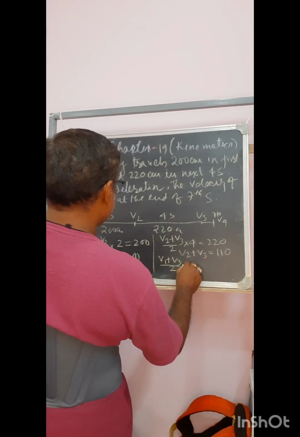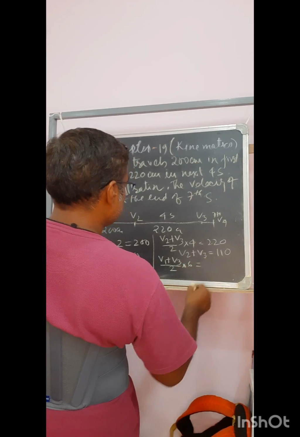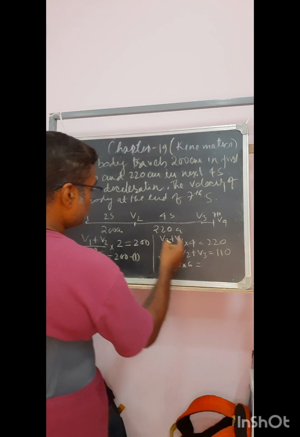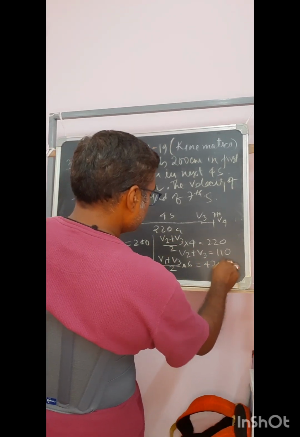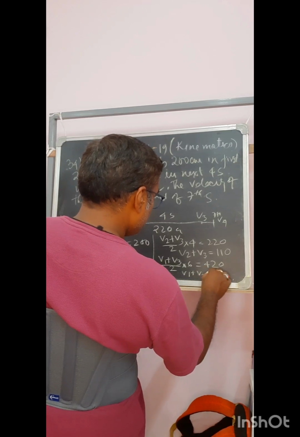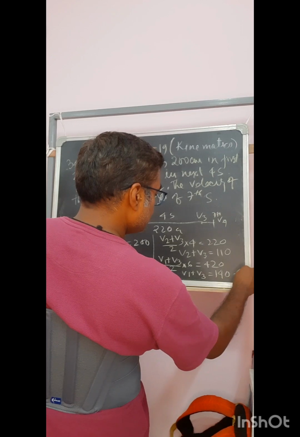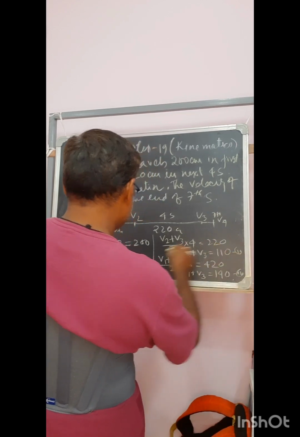Average of that, by 2, into the total time 6, will give the total distance 200 plus 220, that is 420. From there v1 plus v3 will be 140. So this will be the third equation. This is your second, this is your first.